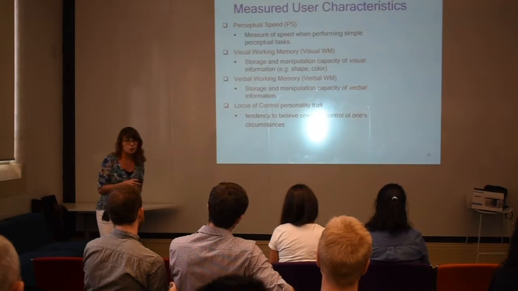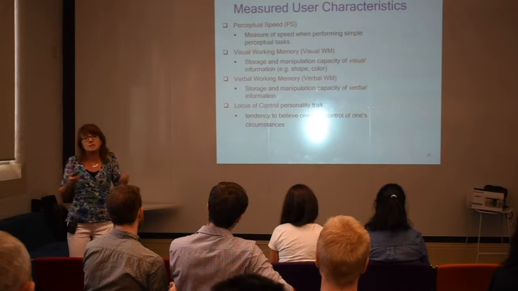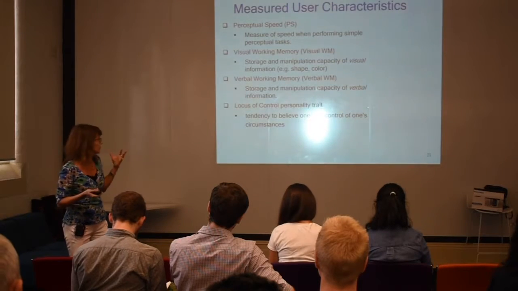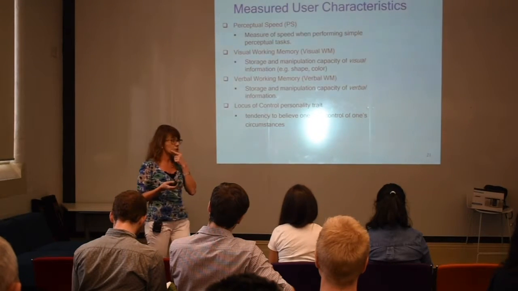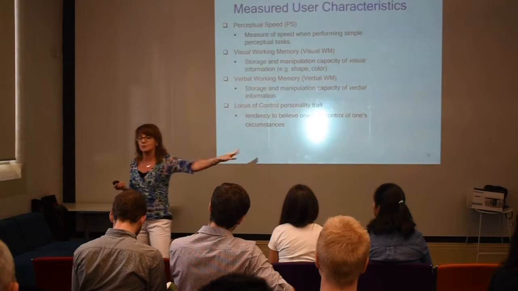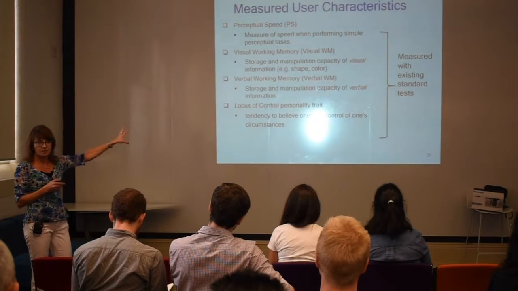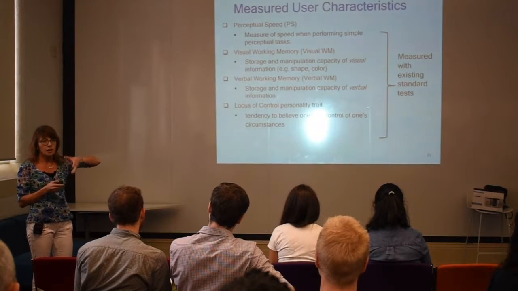We also looked at the locus of control personality trait, since others had found that it could make a difference in visualization processing. I was actually curious, because for me it's hard to believe, so we decided to test that as well. These things can be tested with available tests.